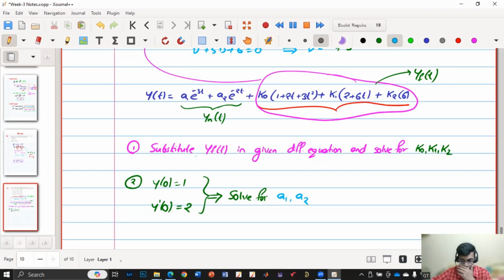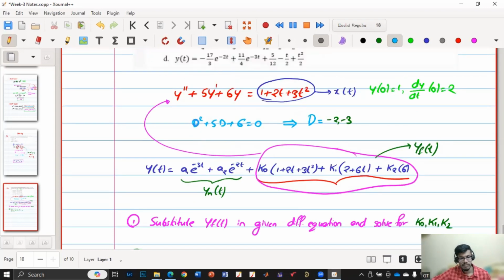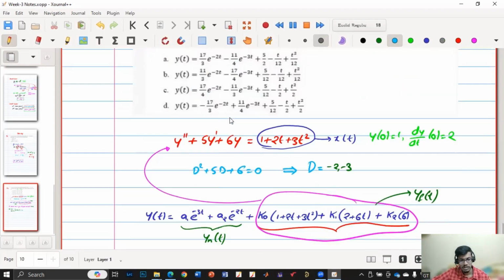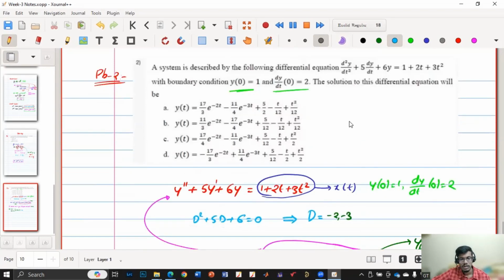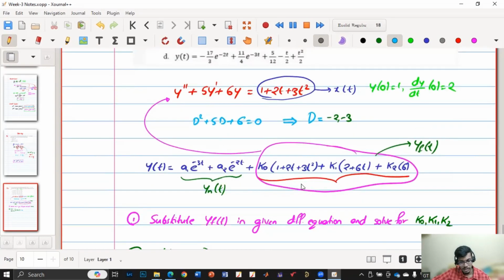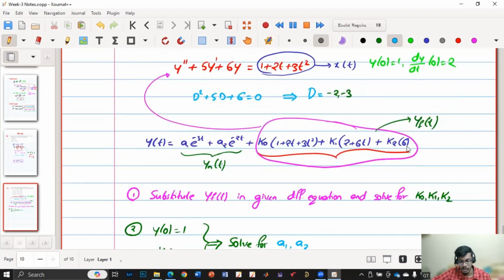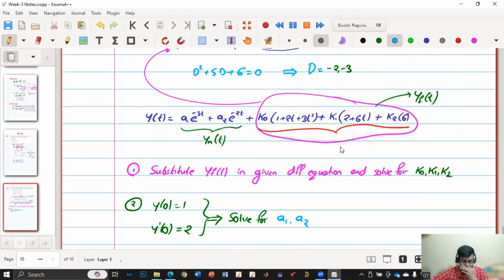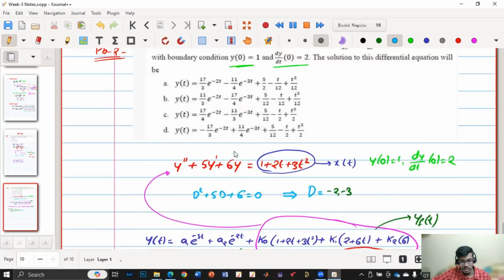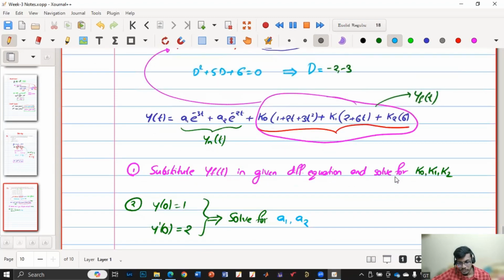First, what we have decided here: we have got the generalized equation from the given expression, and from the expression we have 5 unknowns. So we have to find 5 unknowns. First we'll be solving the forced response where K0, K1, K2 are unknowns. We'll substitute this in the given expression, and then we'll get the LHS side and RHS side.